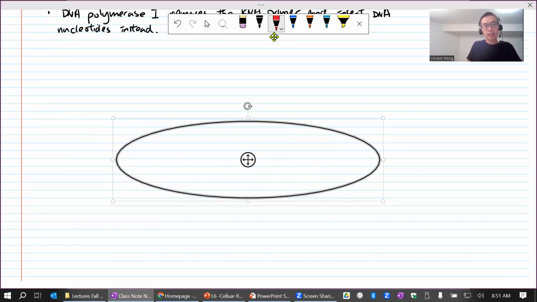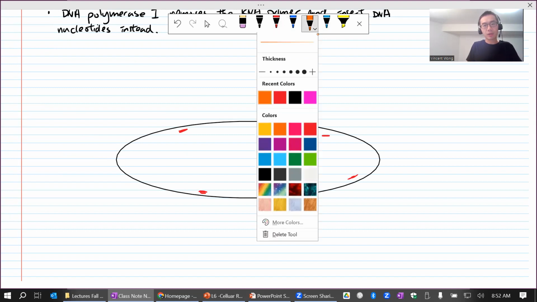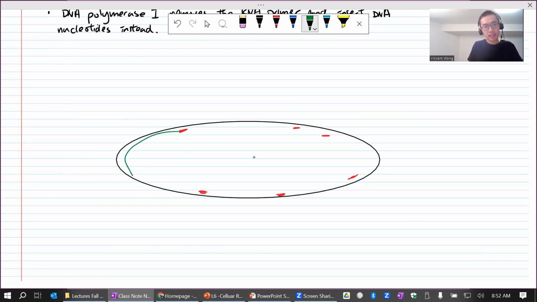So if you think about it, let's say you have the primer here, and then the primer here, a few primers all over the place. When they copy the DNA, it's going to go this way, and then polymerase 3 falls off and replaces this one, right? Same thing, like that.